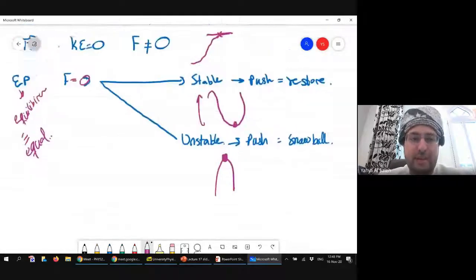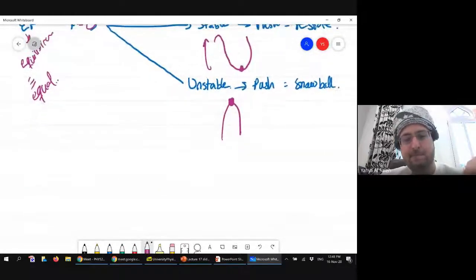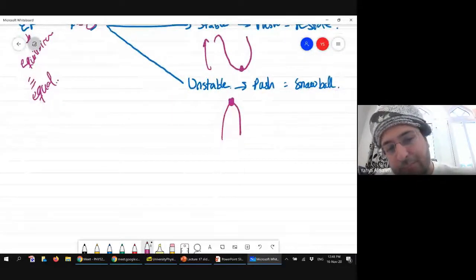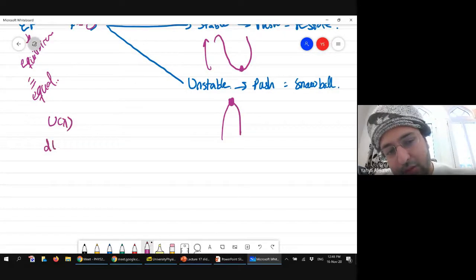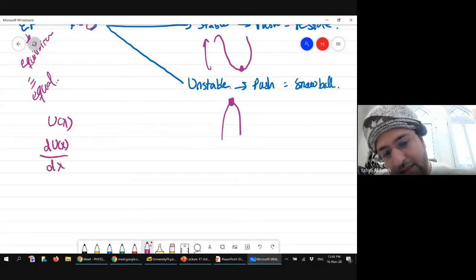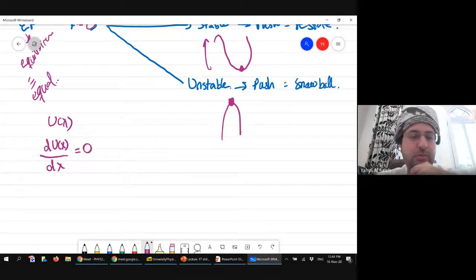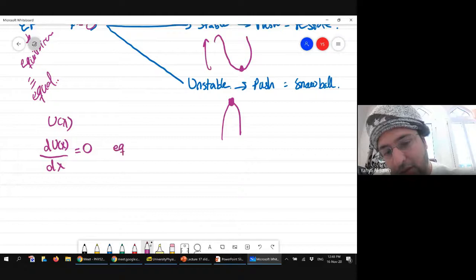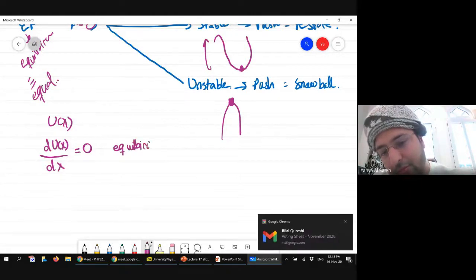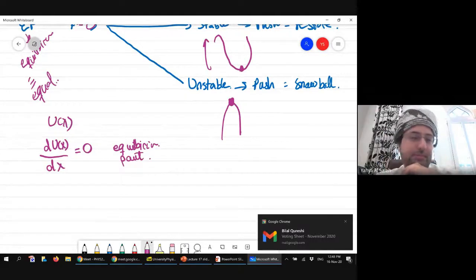Mathematically, we say, if we have U of x, if dU by dx is equal to 0, that is an equilibrium point.